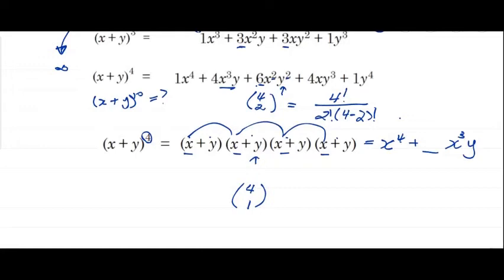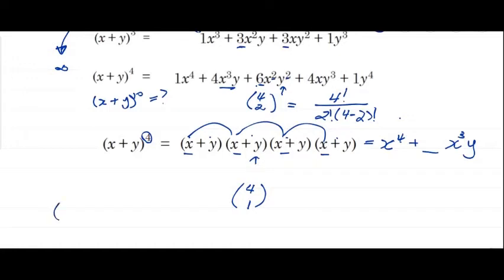Now again, are we really going to go through this whole process if we wanted x plus y to the 10th? I don't think so. But let's encapsulate this pattern. I mean, what do we have here?